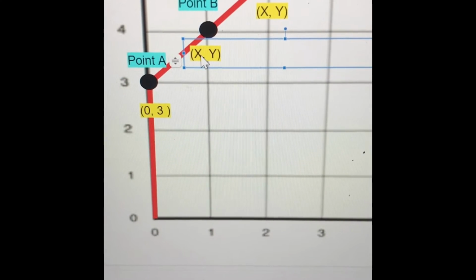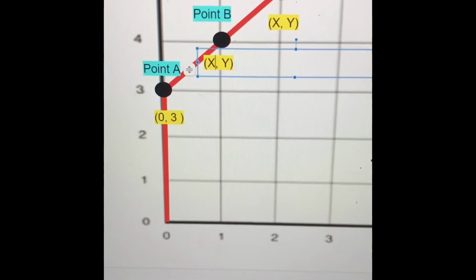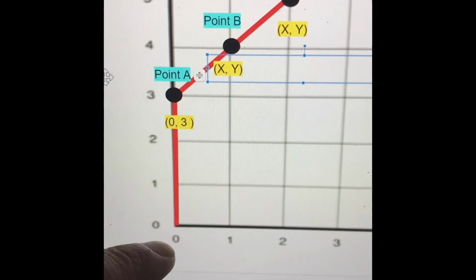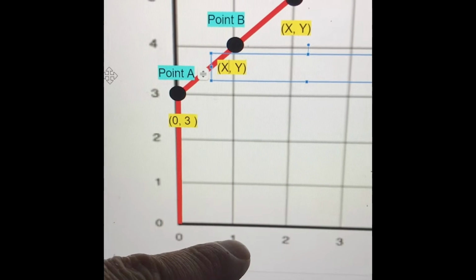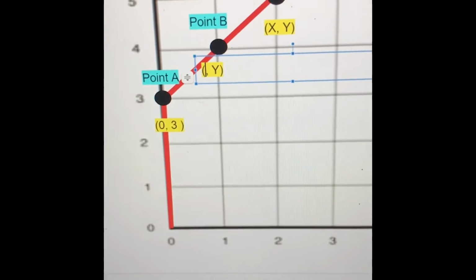All right, now I'm going to plot the coordinates for point B. So looking at point B, looking at the x-axis, 0, 1. So point B is located on the number 1 going across for the x-axis.